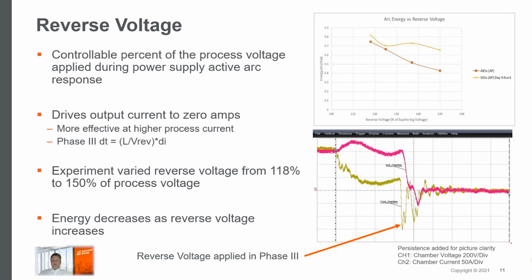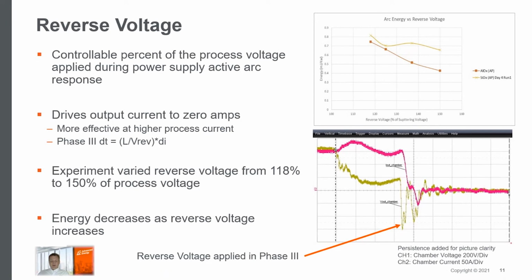Simply, the time spent in phase 3, or the active response time, is determined by the time the power supply takes to drive the process current to 0. This will be dominated by the process and cable inductance, the current differential, and the voltage you're applying across that cable.